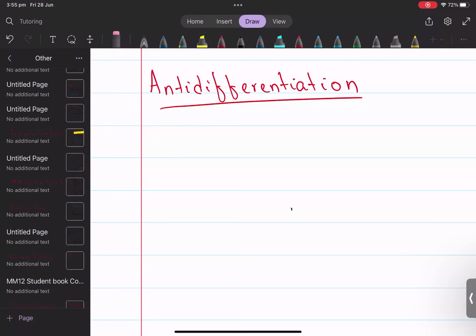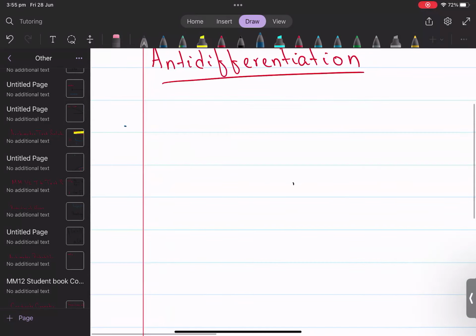But when it comes to anti-differentiation, believe it or not, adding the word anti in front of differentiation simply means the process of undoing a derivative.